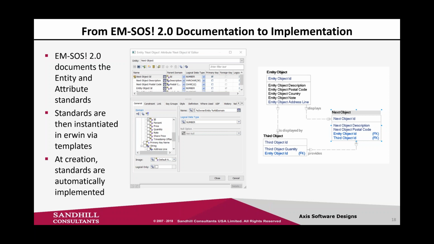So we use these templates to be able to roll out our standards. And it gives us a good head start on most of our modeling exercises. So the minute we start a new model, we don't have to start reinventing the wheel from the beginning, because our standards are actually built into that template. And from that, we can actually then use the template to be able to achieve a faster, quicker way of implementing our modeling practice.